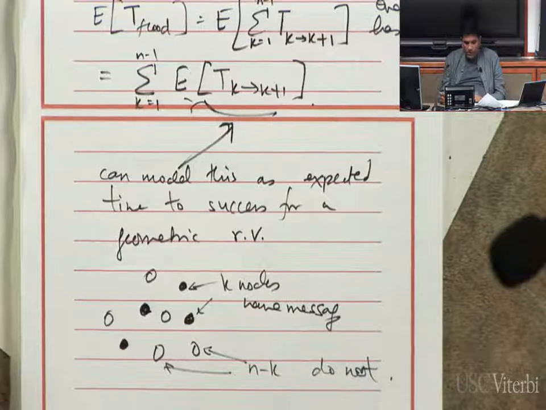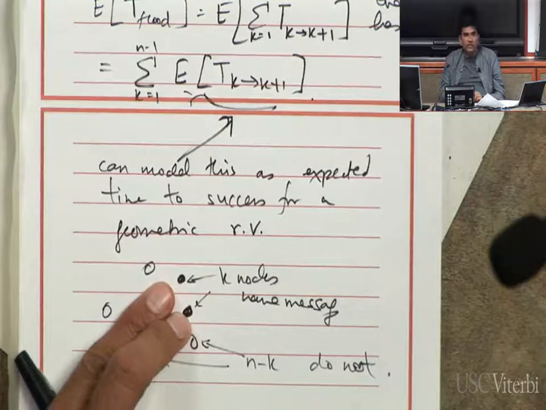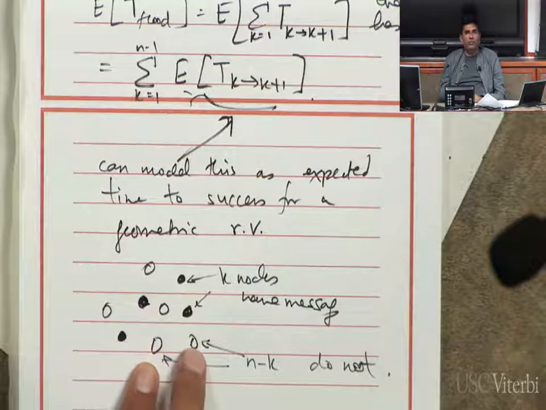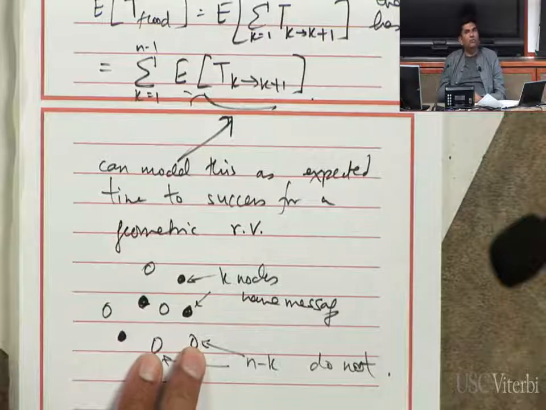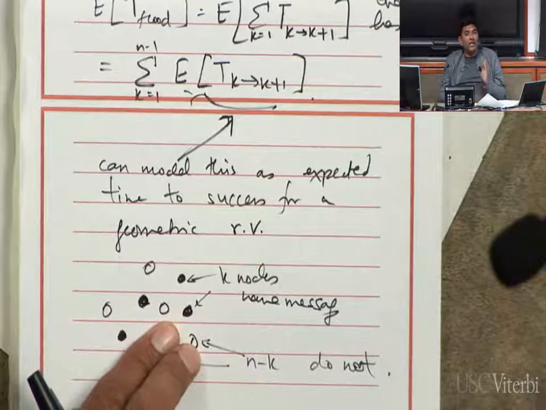But what I'm doing in the mobility model or the encounter model is taking two of these at random and making them meet each other. I might pick these two nodes to meet each other. Nothing will happen in that case because they both have the message. I could pick these two nodes and nothing will happen because they both don't have the message. Or I might pick these two and then the message will propagate, and that's when I'll go from state k to k plus 1.